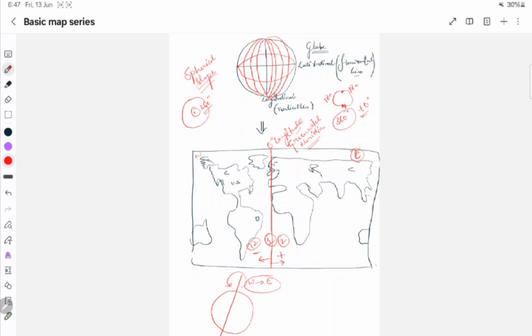That has been decided now. The time is decided on the basis of longitudes only. The days and time are decided by the longitudes. It decides day and night, day and time.